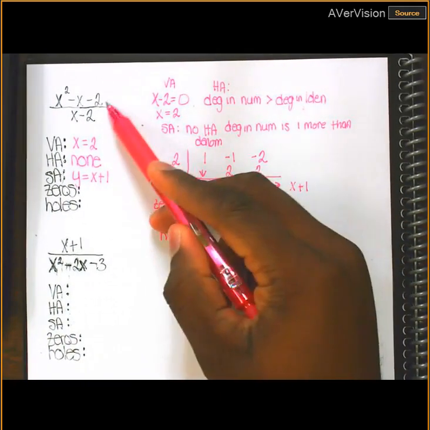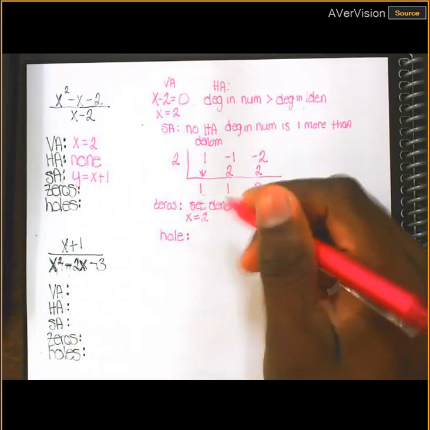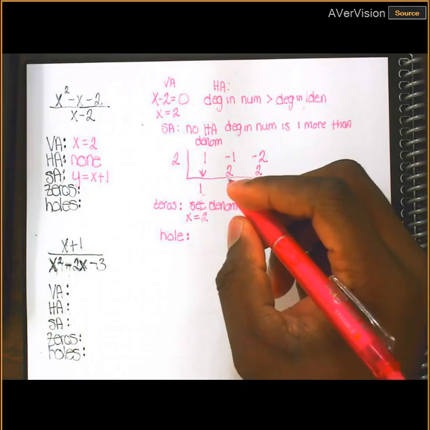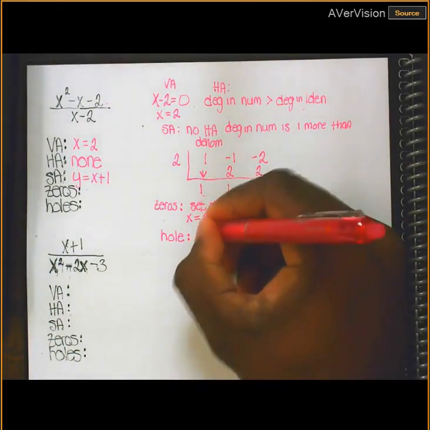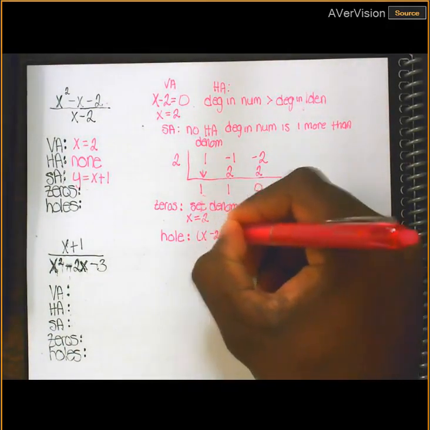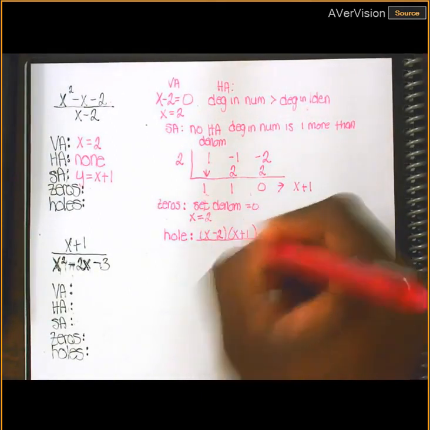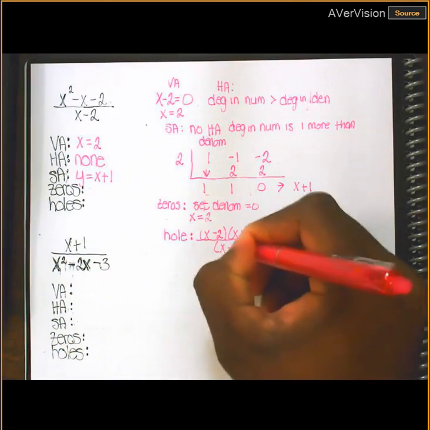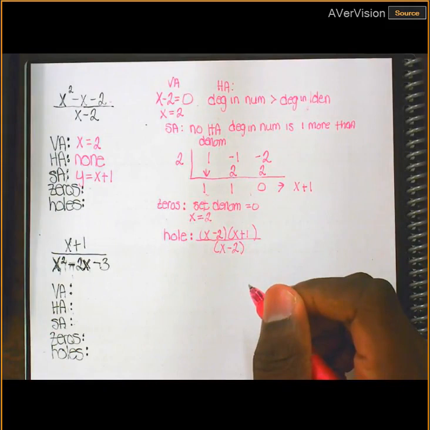So what do we get when we factor this? We get x minus 2 and x plus 1, and then we have x minus 2 in the denominator. Does anything cancel out?